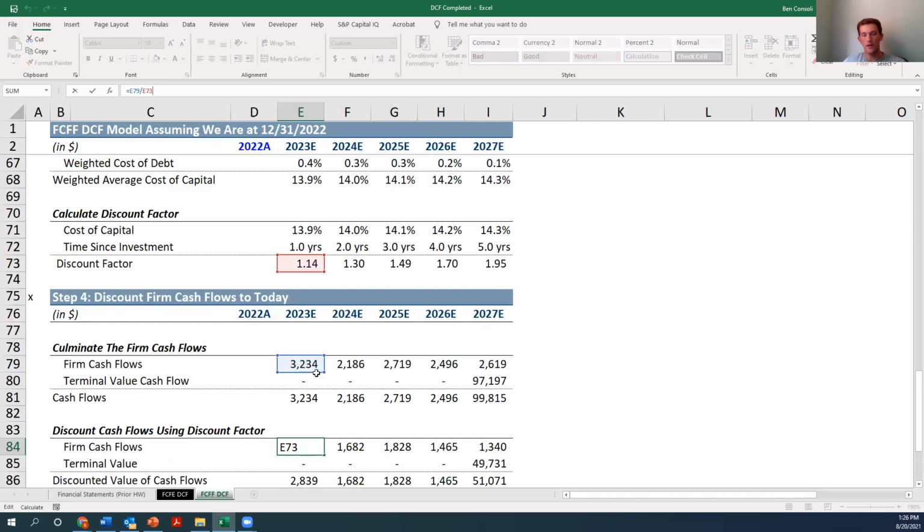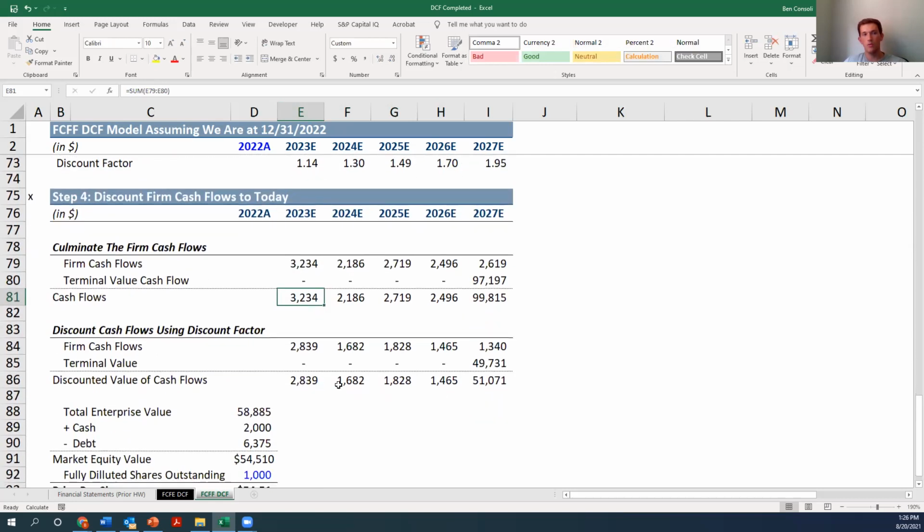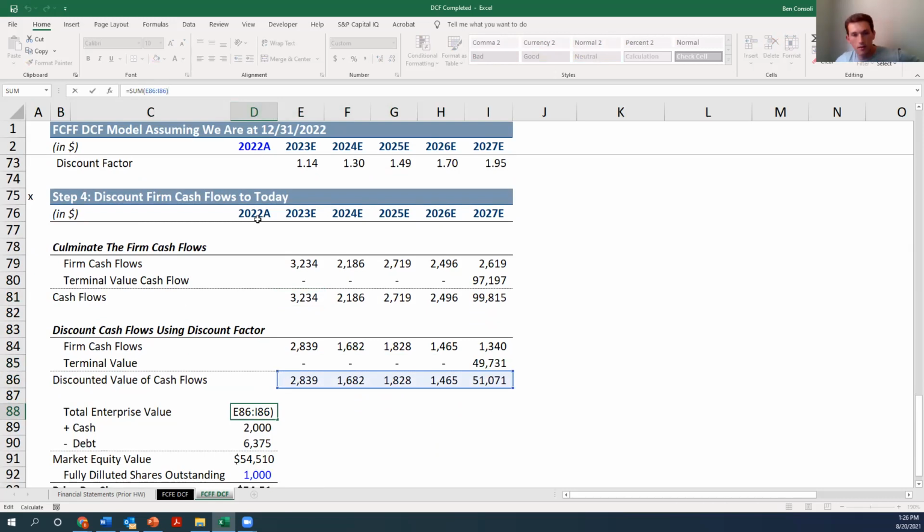So you just divide the free cash flows to the firm by the discount factor, and that'll get you the present value of the free cash flows to the firm. When you culminate all of these discounted cash flows to the firm, you're going to be getting the enterprise value. So you'll see the enterprise value is just the discounted value of all those cash flows.